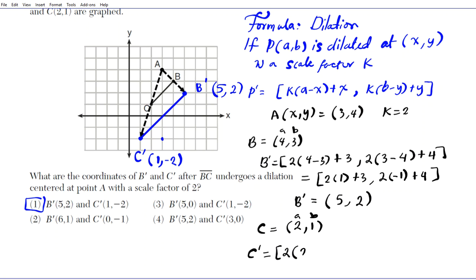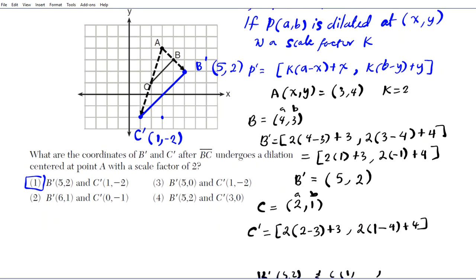So it's going to be 2 minus 3, plus x, 3. That's for the x coordinate. For the y coordinate, we have k again times b, which is 1 minus y, which is 4, plus y. Okay, just following these formulas here.